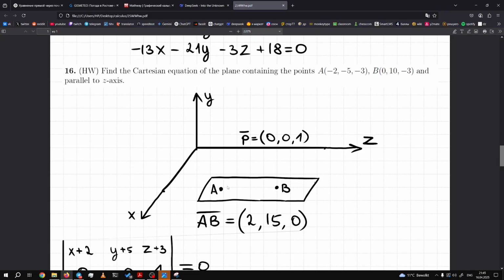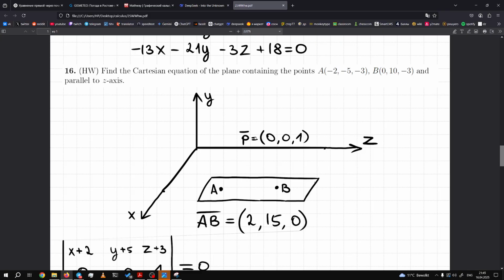So you have a plane, you have 2 points A and B. Of course, you can find vector AB. I already told how to do this. You just do 0 minus minus 2, it's 2. 10 minus minus 5 is 15, and minus 3 minus minus 3 is 0. So this is vector AB in our plane, and parallel to the axis.